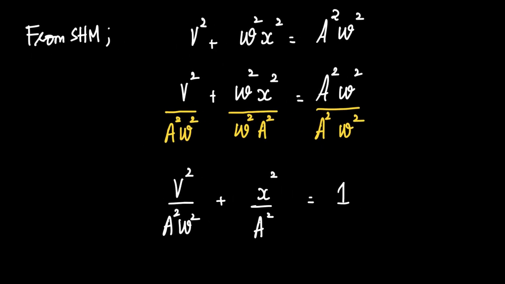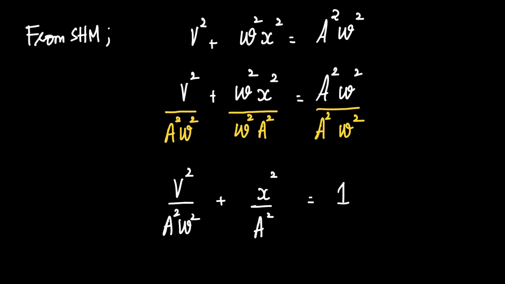For a simple harmonic motion, v square plus omega square x square is equal to a square omega square. If we divide this equation throughout by a square omega square, we get v square by a square omega square plus omega square x square by omega square a square is equal to a square omega square by a square omega square.